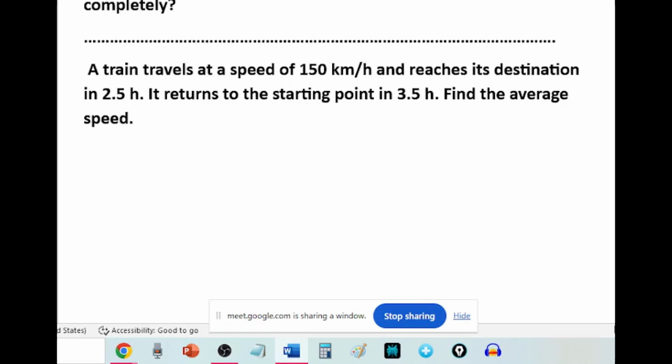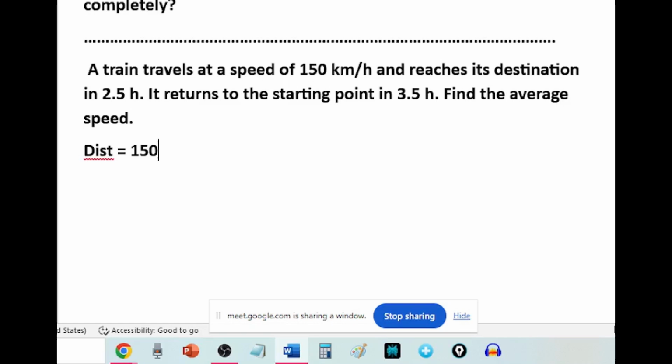Okay. So first, now distance is not given. You have to find a distance. While going, speed is so much and time is this much. So how will you find the distance? Distance is speed into time.